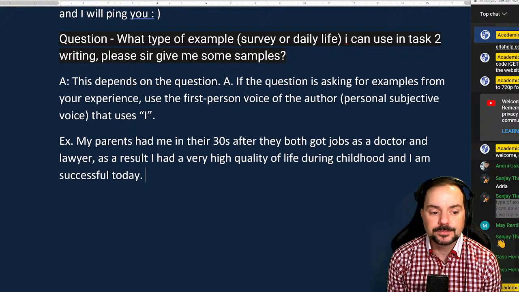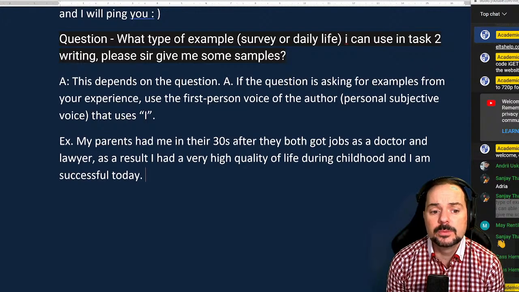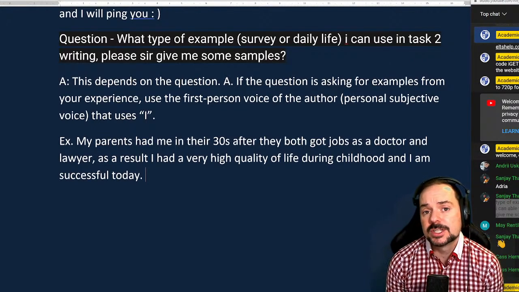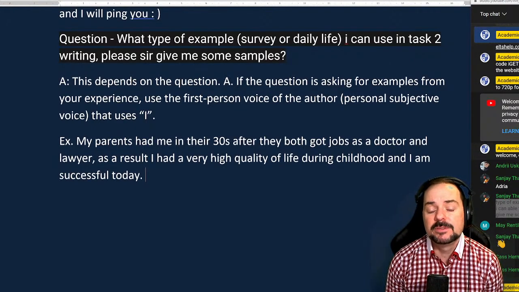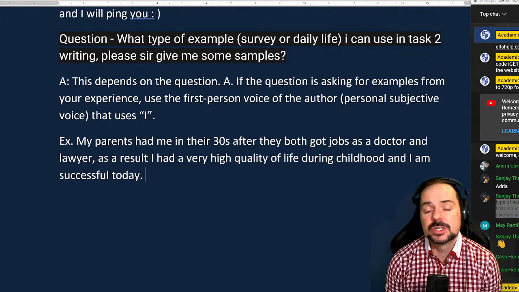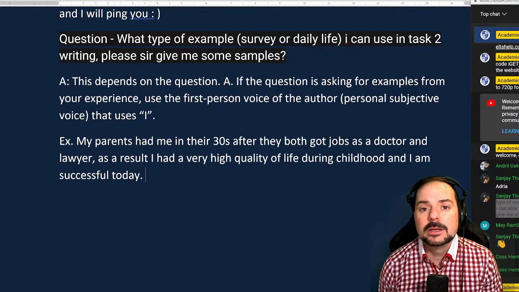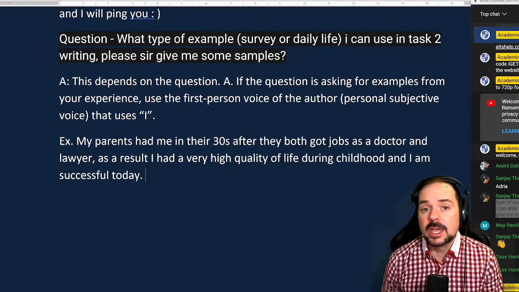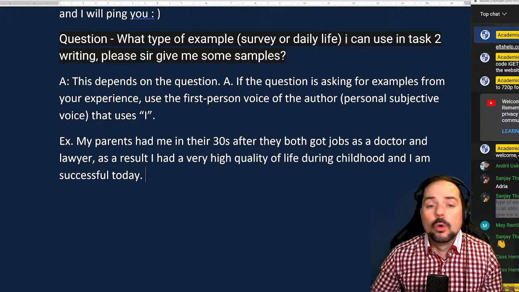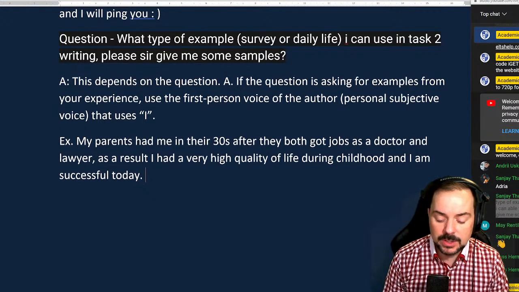So there's the example. This one would be using I, because the question is asking use examples. But if it's not, and this week's question actually did not ask us for a personal example, then you can use a pretend survey or another type of example like the one that we used in the essay.